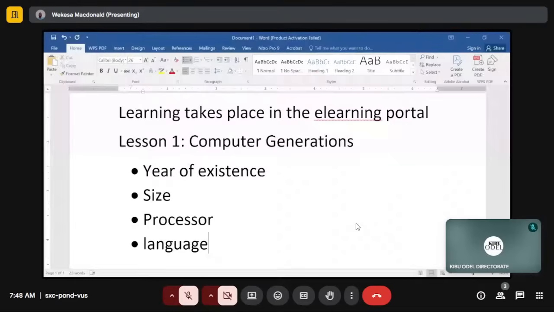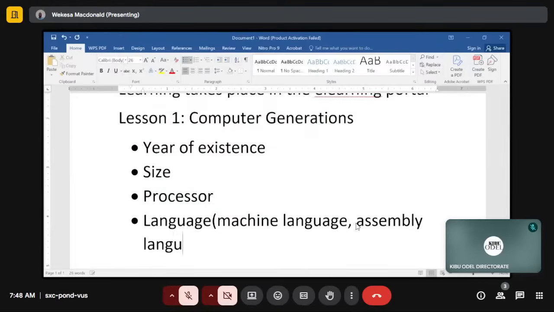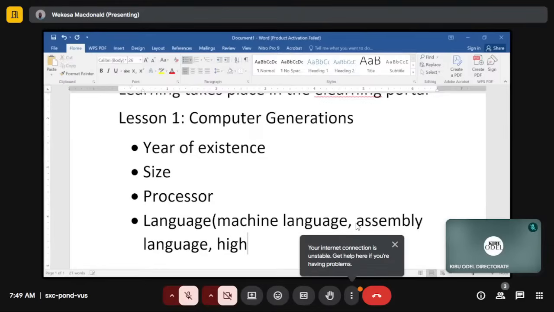We shall dive into computer languages later on, but what you should know is that we have machine language, then assembly language, which computers understand, then we have high level language.